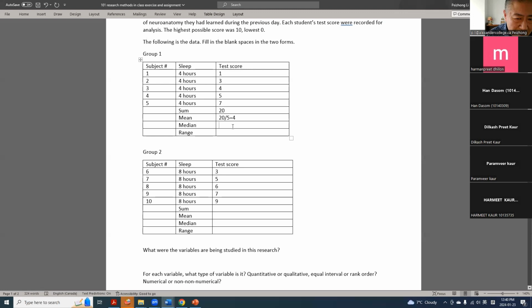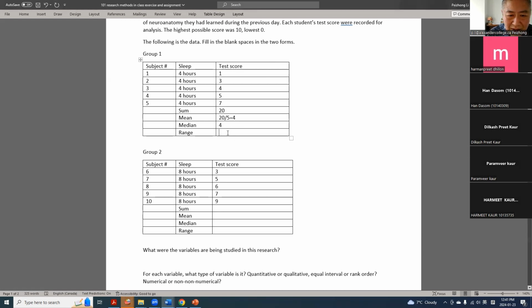And then the median is the middle number, right in the middle. So here, this guy is right in the middle, 2 below it, 2 above it. So the median is also 4. The range, what's the range? Range is the difference between the biggest and smallest.